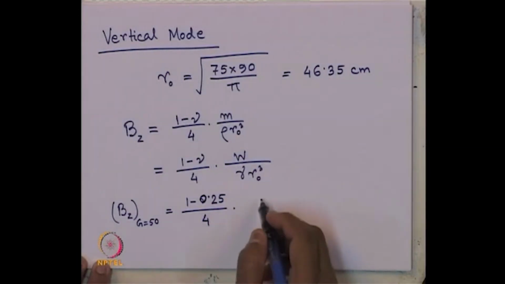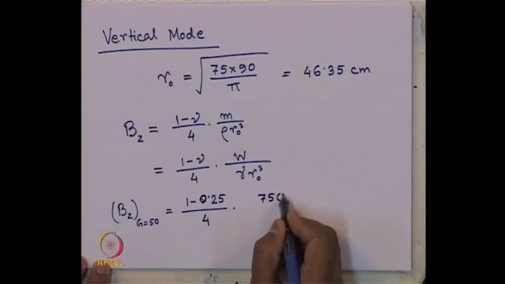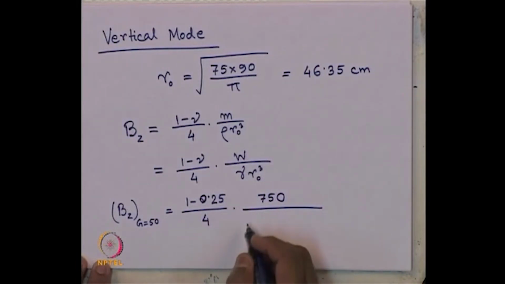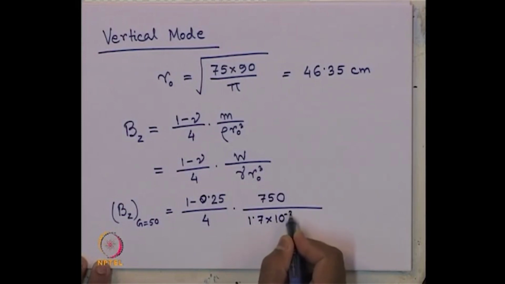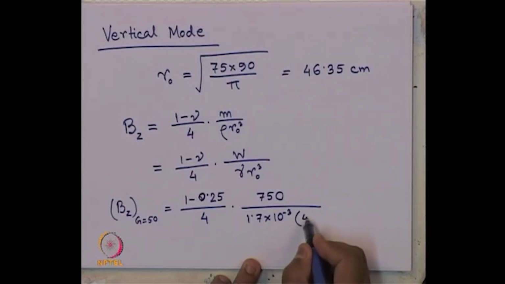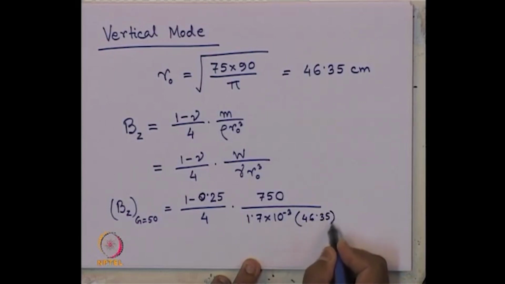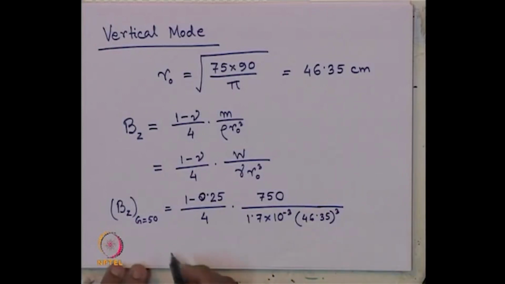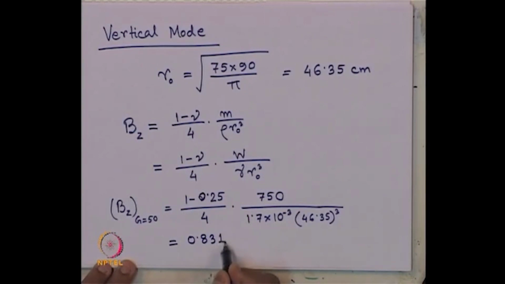What is W? 750 kg force, and how much is our gamma? We have considered for this type of soil 1.7 into 10 to the power minus 3 kg force per centimeter cube times 46.35 cube. So, it will give us obviously non-dimensional value. How much was the value? Earlier also we had calculated this BZ, 0.831. Okay.